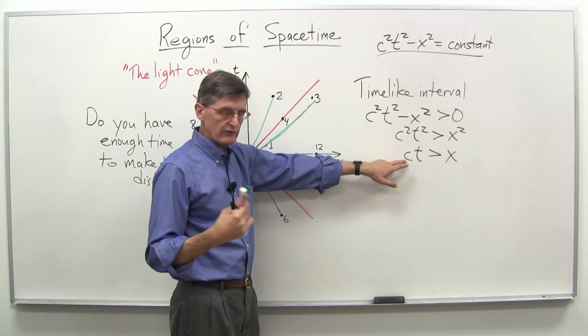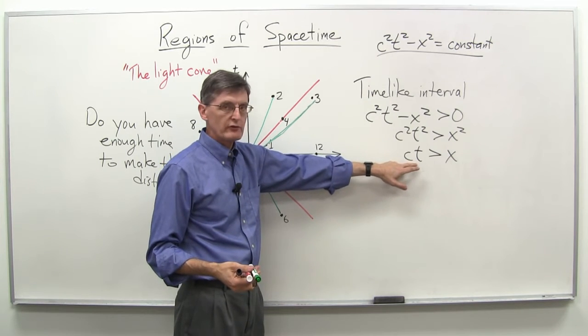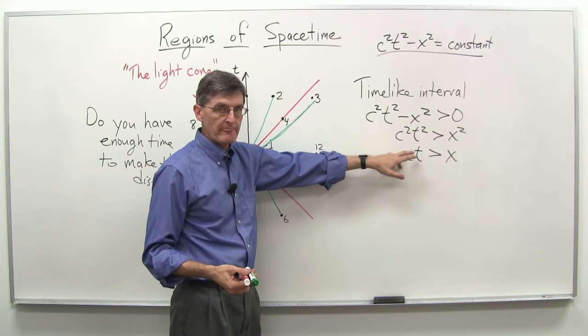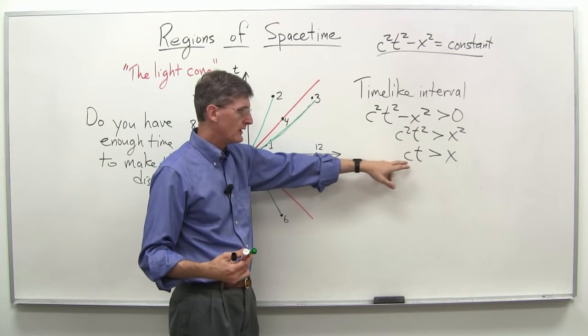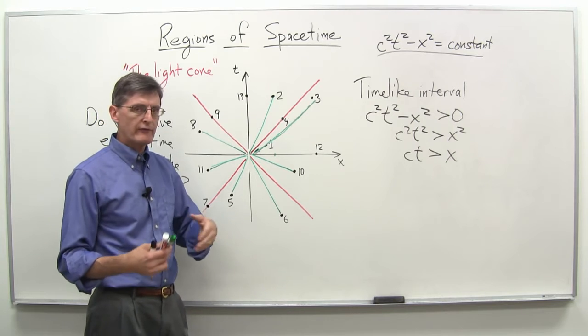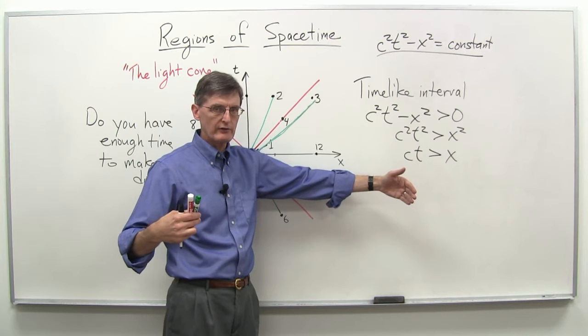c is, of course, the speed of light. c, the speed of light, times a certain time is the distance that light can travel in a given time. If I say I've got 10 seconds or 10 minutes, how far does light travel in that time? You just do c times t. That tells me how far light travels.